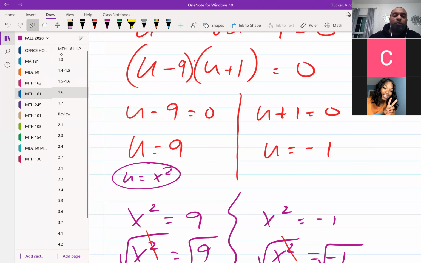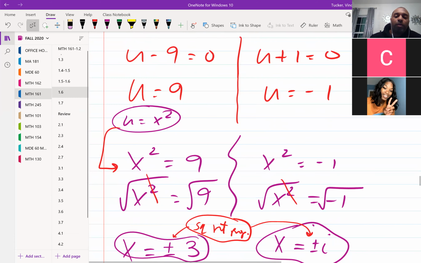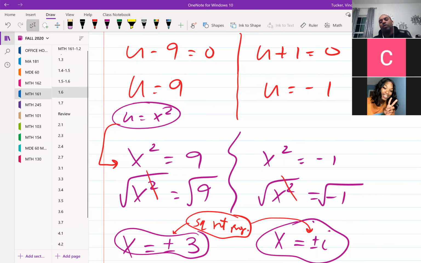So now you put x squared back in for u. Where we had u equal to 9, now we have x squared equal to 9. And then we had u equal to negative 1, and we have x squared equal to negative 1 now. So to solve, you take the square root of both sides. And don't forget, we have to use the square root property whenever taking the square root of both sides.